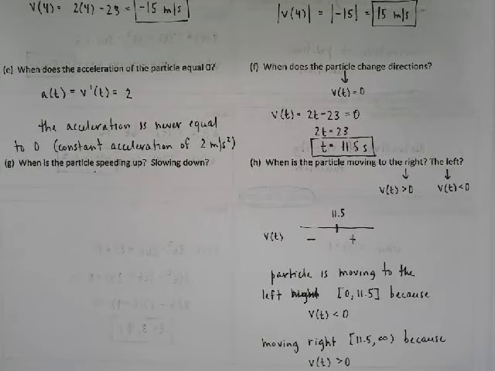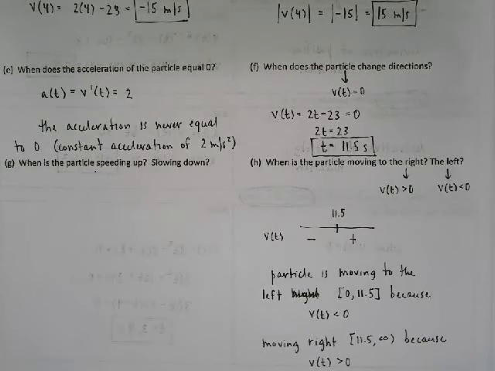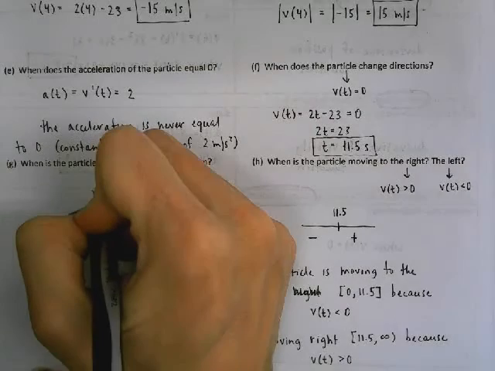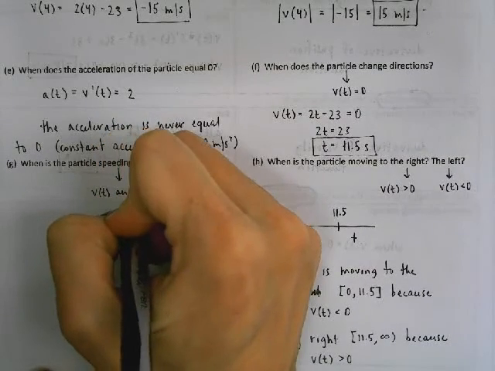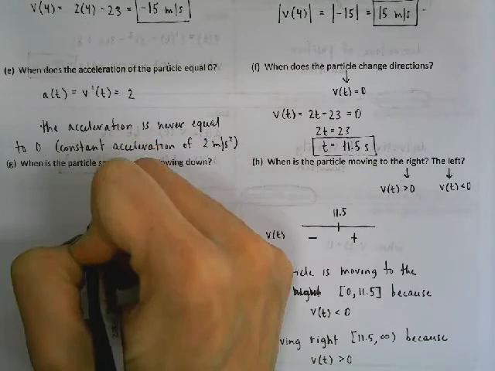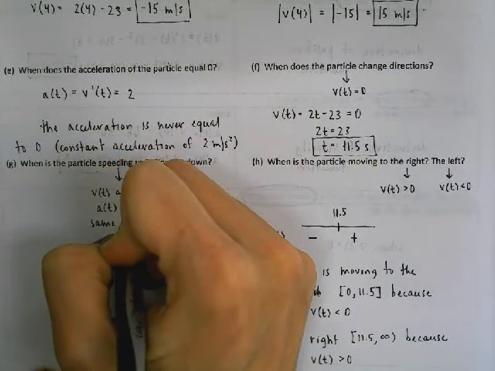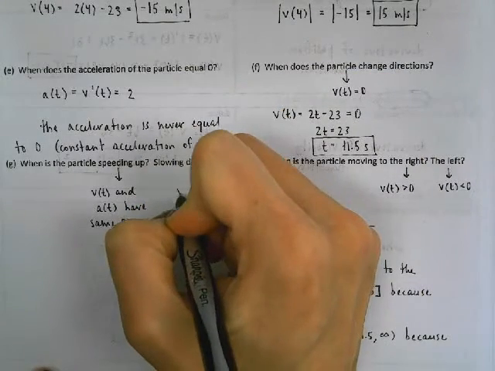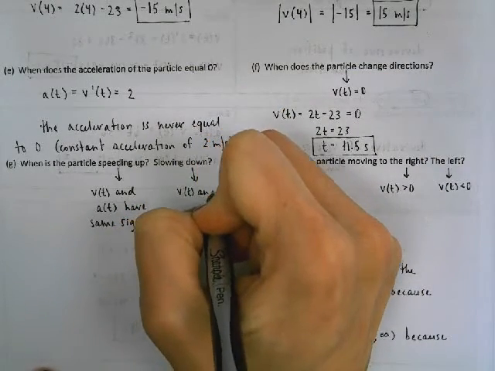So now the last piece of this we want to consider is when the particle is speeding up and when it's slowing down. We know it's speeding up when v of t, velocity, and acceleration have the same sign. And I'm slowing down when those two functions have opposite signs.